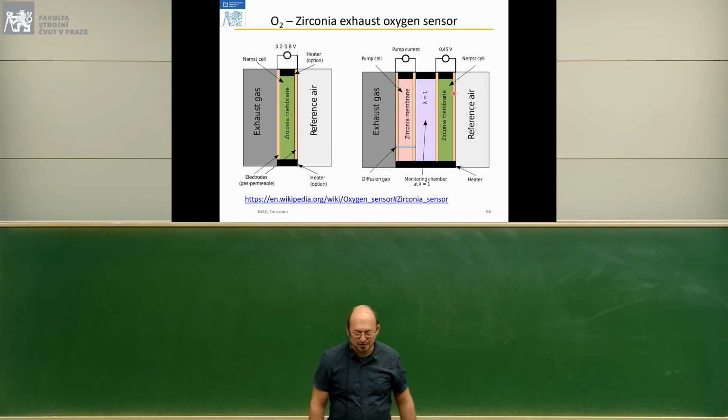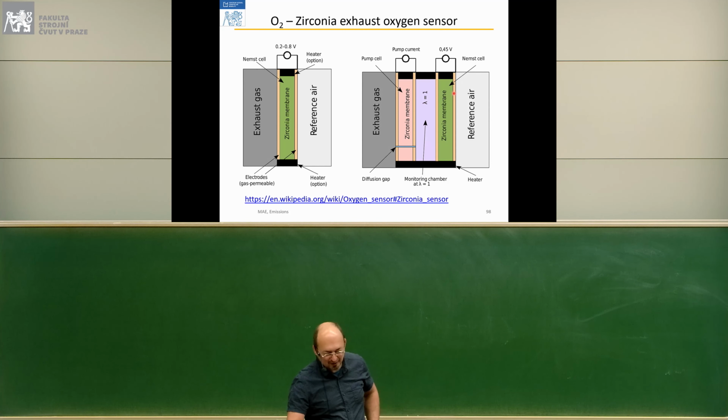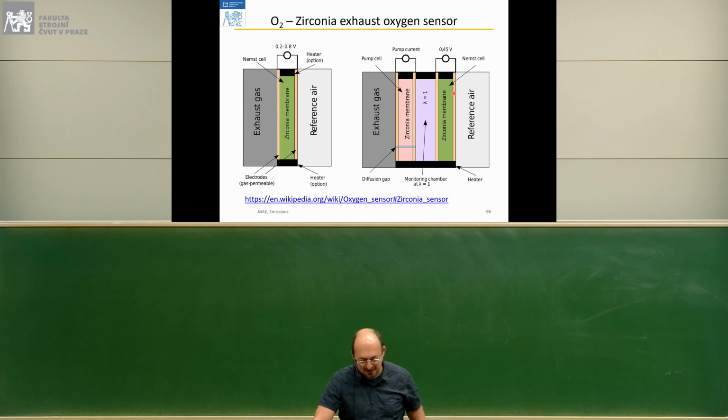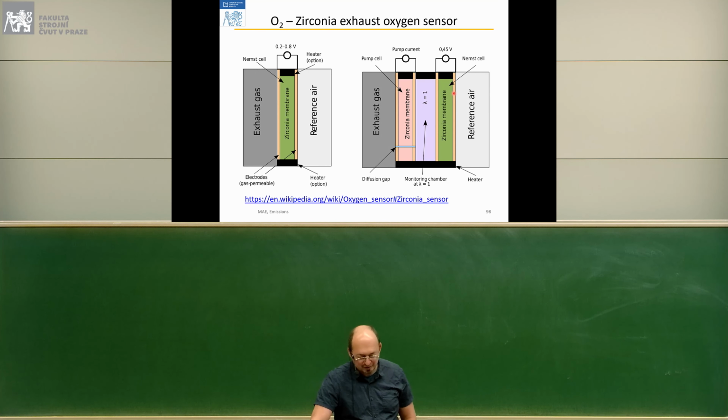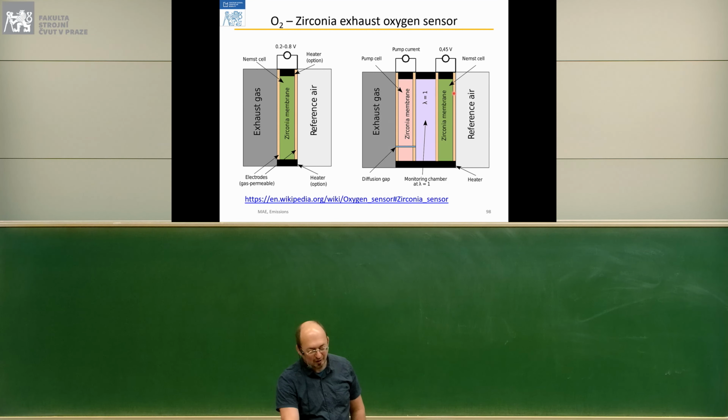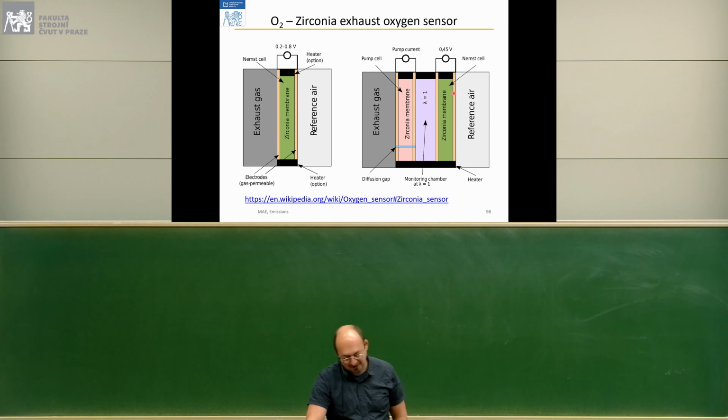How is oxygen measured in a car with an oxygen sensor? There is a zirconia-based sensor where a small voltage is produced if there is a difference in oxygen concentrations on both sides.